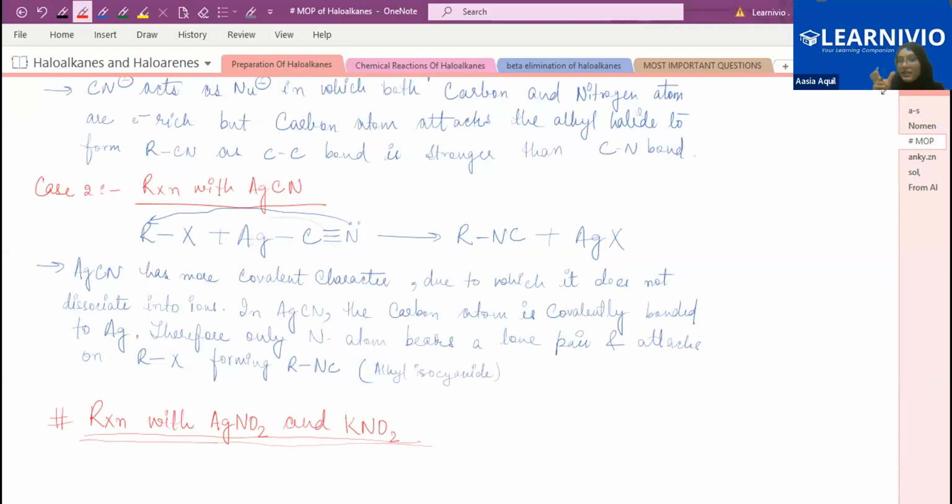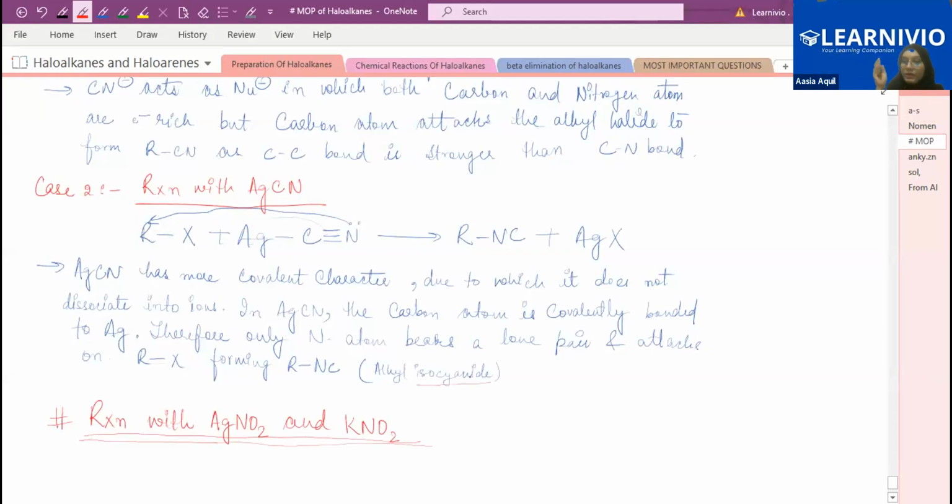silver cyanide has a covalent character, so it cannot dissociate into ions. Due to that, the attack is not from the carbon side but from the nitrogen side on the alkyl group, and it forms the isocyanide.